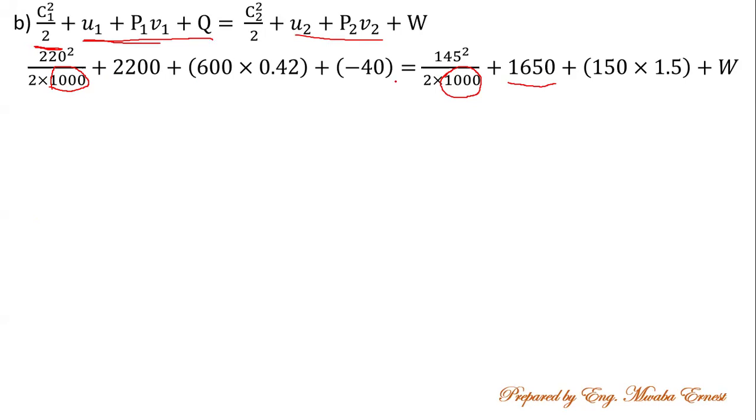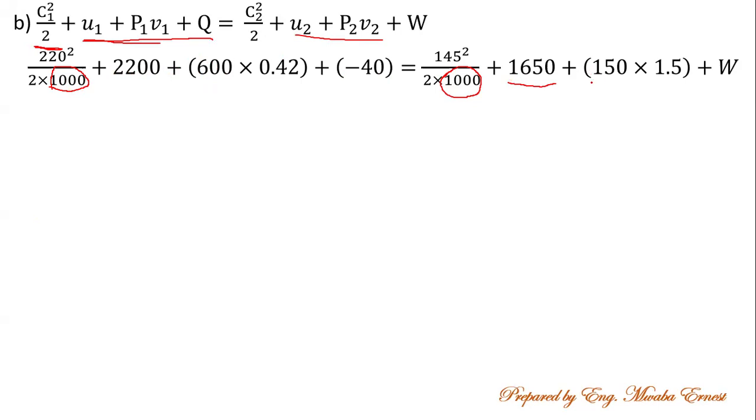For those of you who like playing around with these numbers, you can decide to convert these other units to joules per kg. Then you don't have to put this 1000 here. Meaning from your data, the 2200 kilojoules, you multiply by 1000, even this by 1000, even this by 1000, even that by 1000.